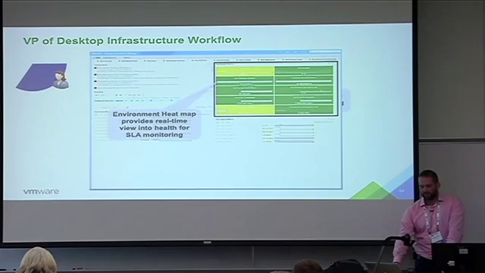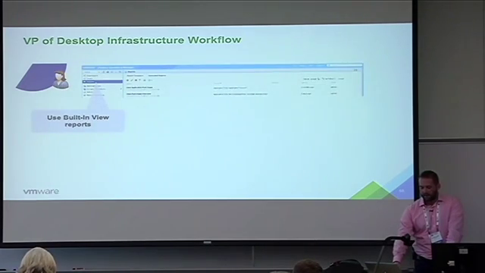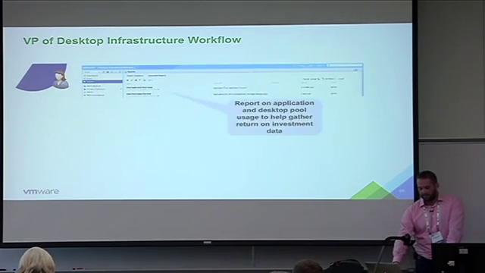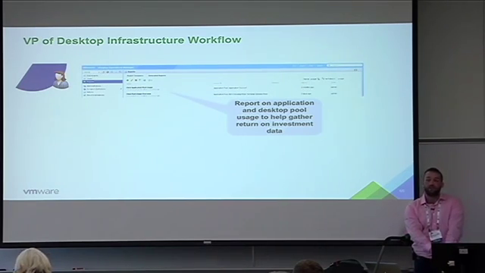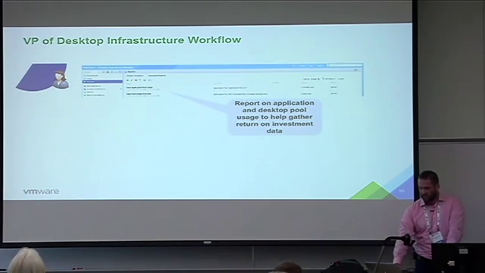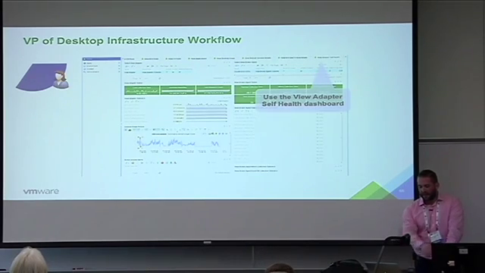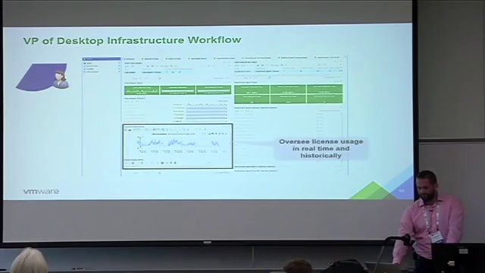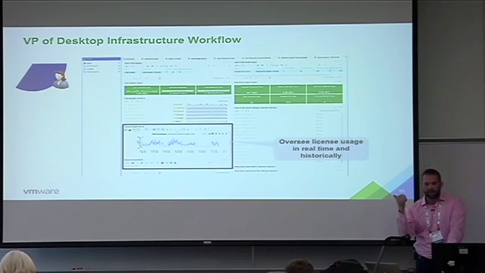Give a heat map for SLA monitoring, and then the built-in reports are key. So we get report on application and desktop pool usage. Licensing information is key too, for instance, how many licenses you're using versus you have purchased. And then the adapter self-help dashboard. And they can see the license usage in real time and history in here also.